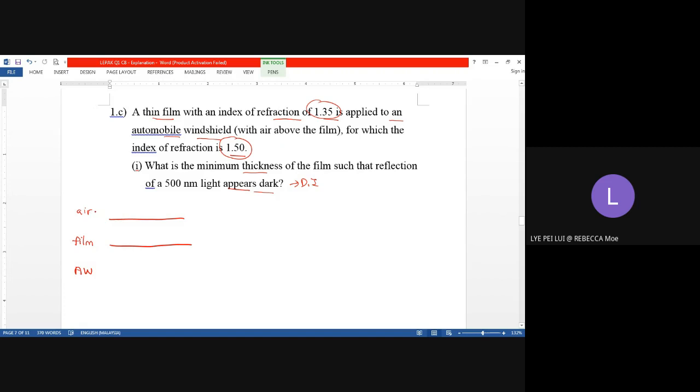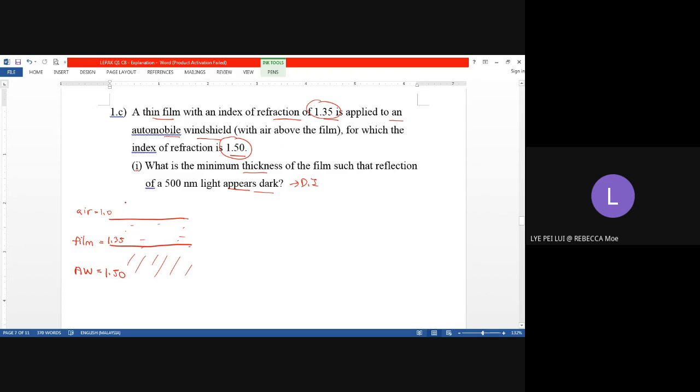What we can see here is 1.0, then 1.35, and then the last one is 1.50. Maybe we can decorate a bit. No marks are given for this, we just draw and see how it goes.